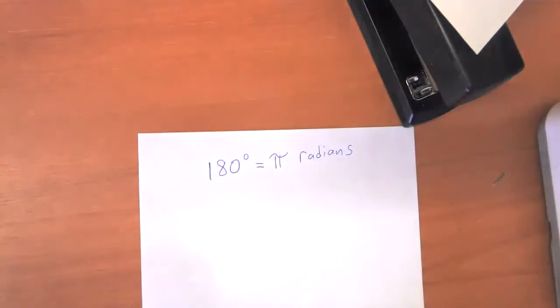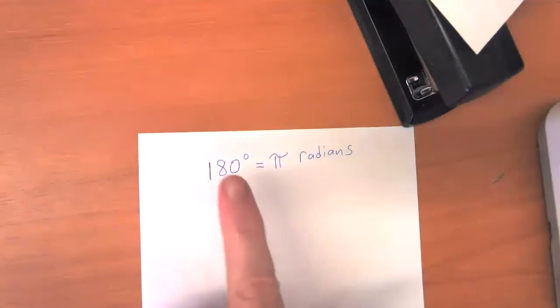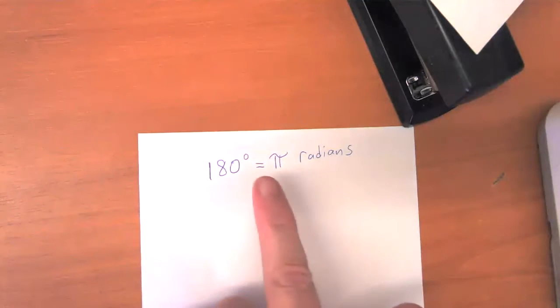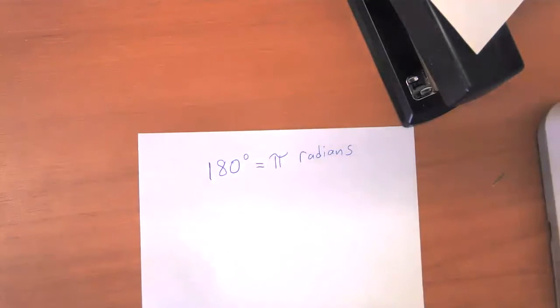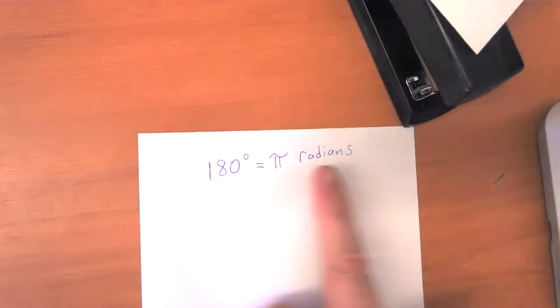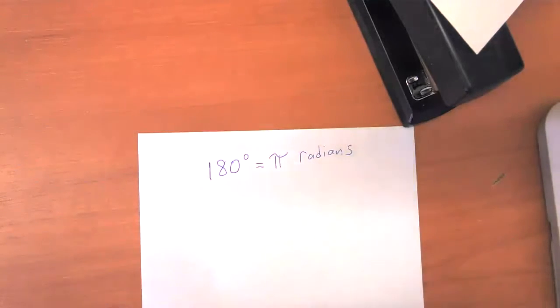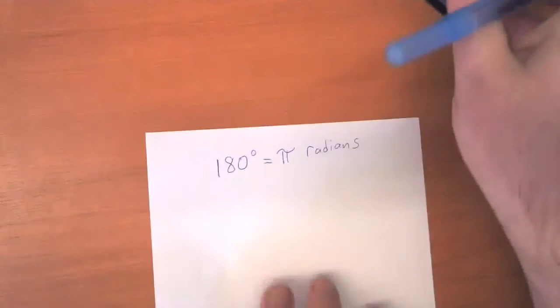So we've got this key idea that you came up with, that 180 degrees is equal to pi radians. And so we're going to use this conversion factor to convert between angles in exactly the same way that you've done this for other kinds of conversions, probably mostly in middle school.